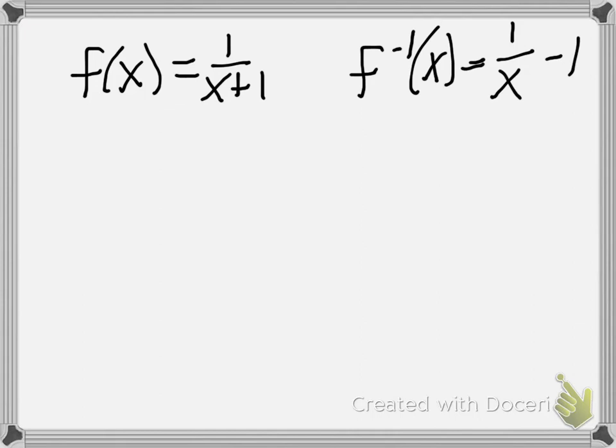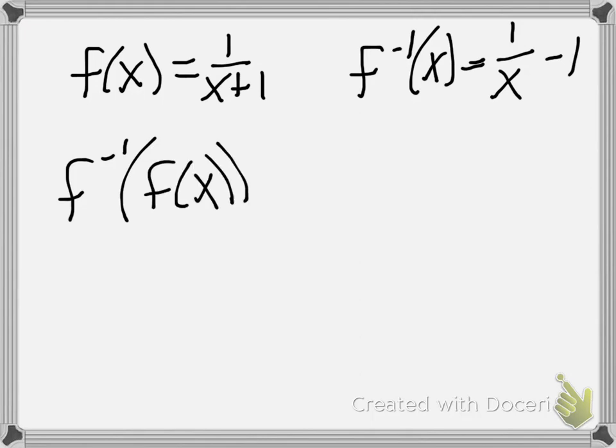Basically, it does not matter which one we start with, but I'm going to start with this one. So my f of x function, I'm going to plug in for x. So I'm going to leave this function alone. My f of x function is 1 over x plus 1.